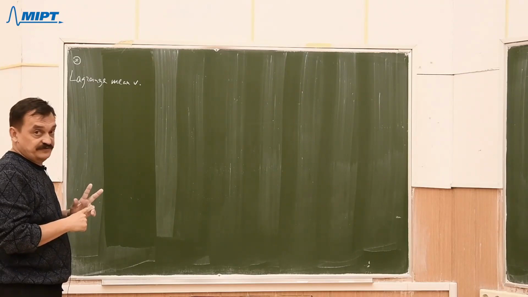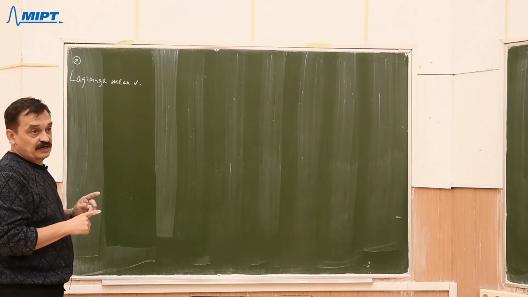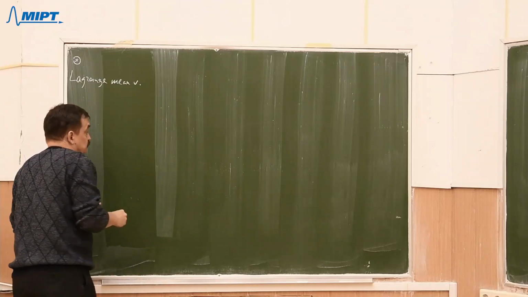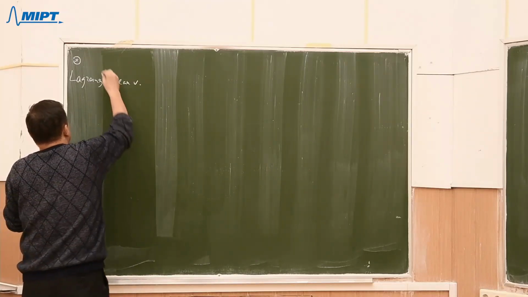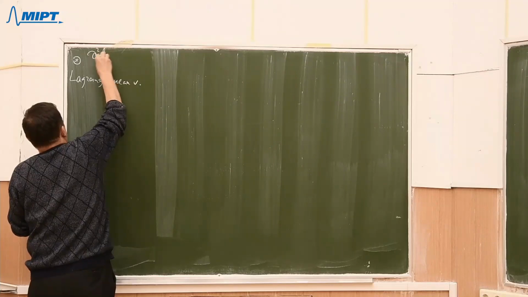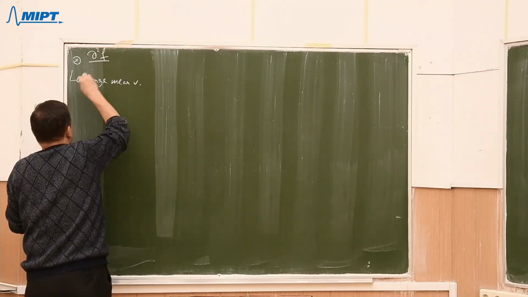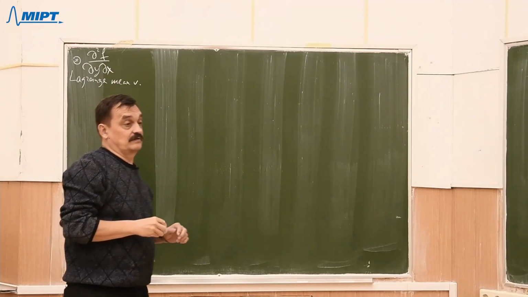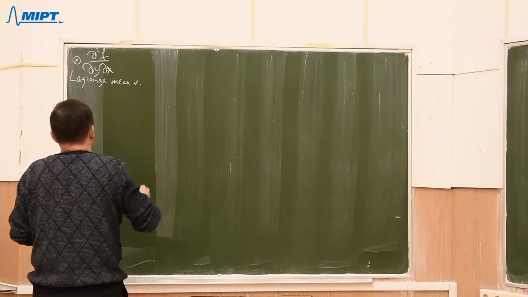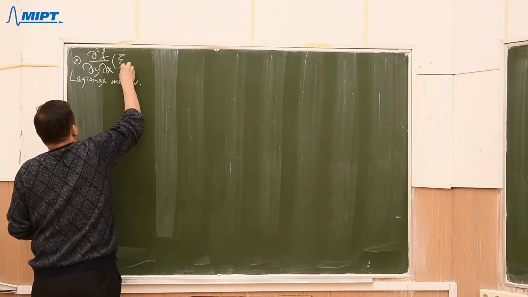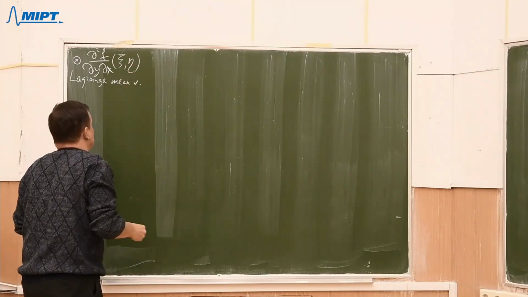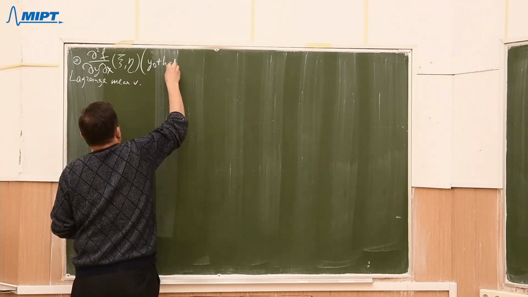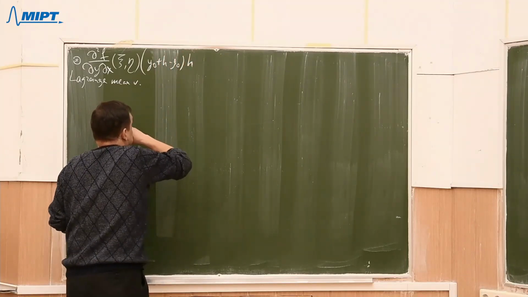One variable is fixed, the second variable varies. So it means that we now have the second derivative of f with respect to y of the first derivative, and here we have xi, eta times y naught plus h minus y naught times h.